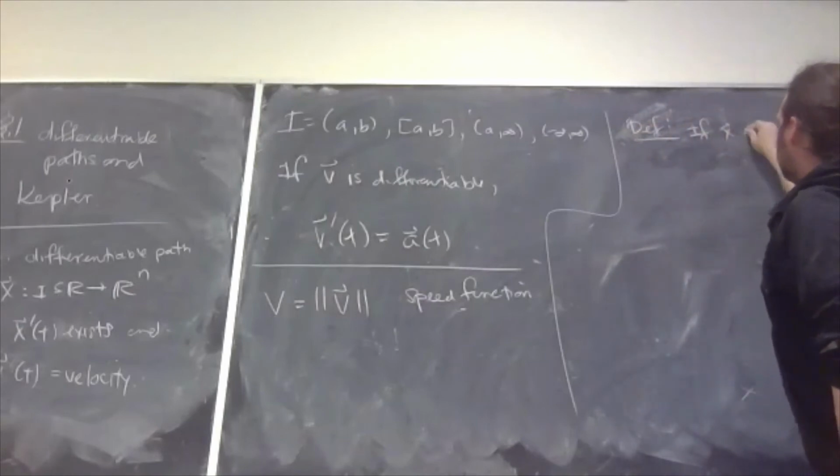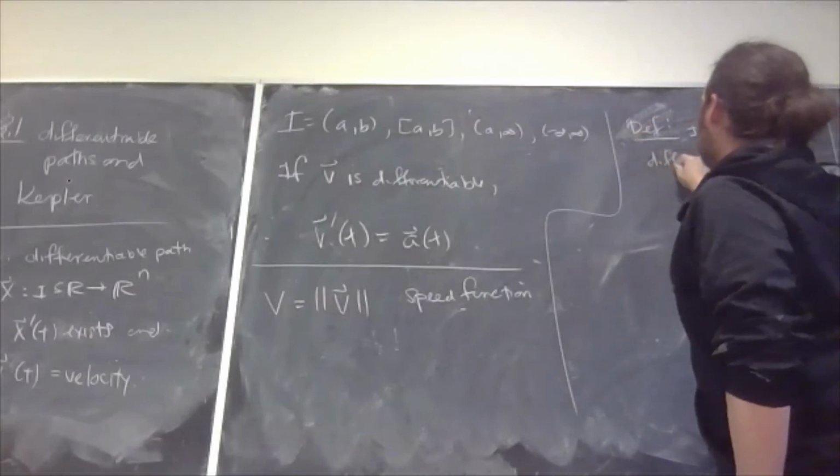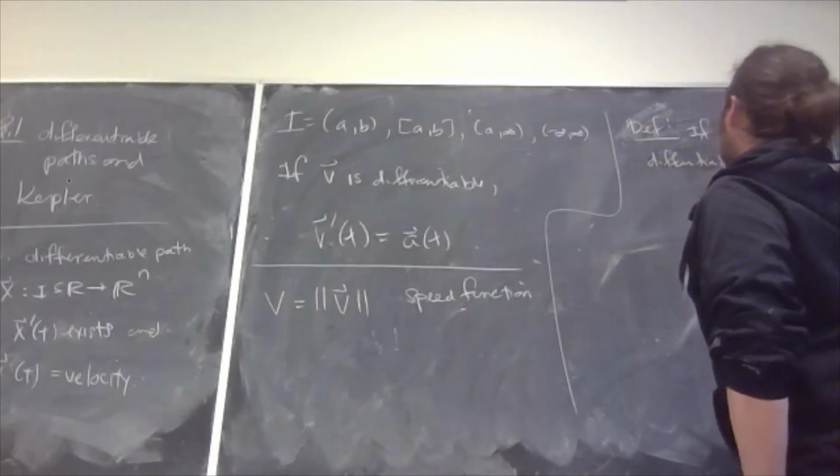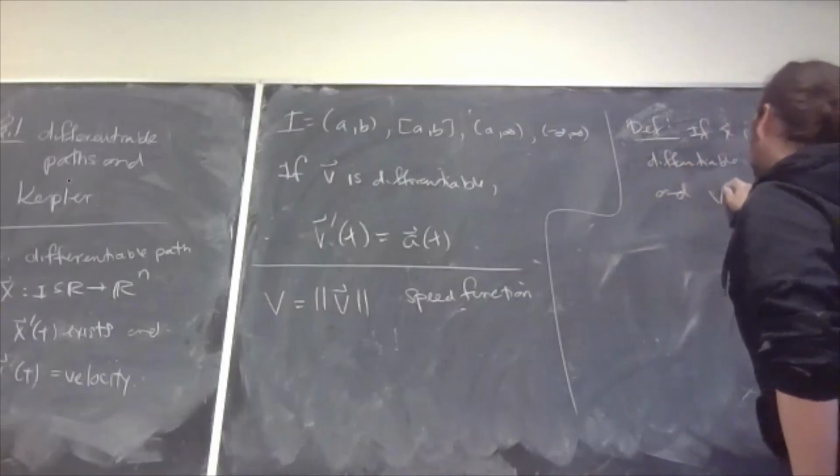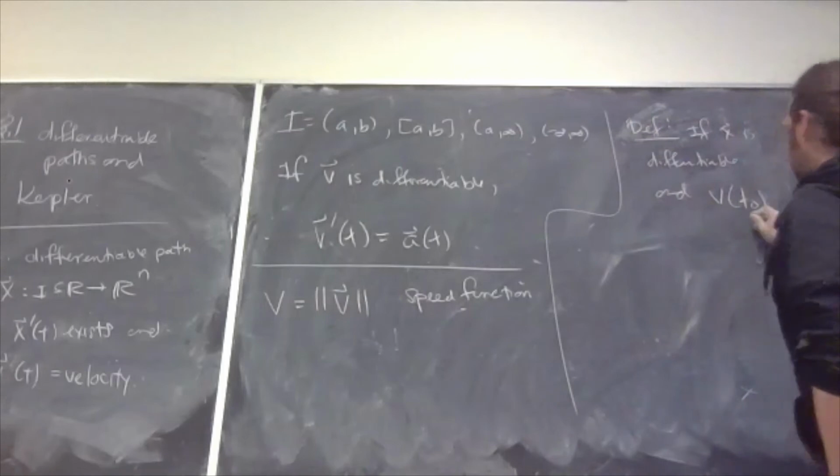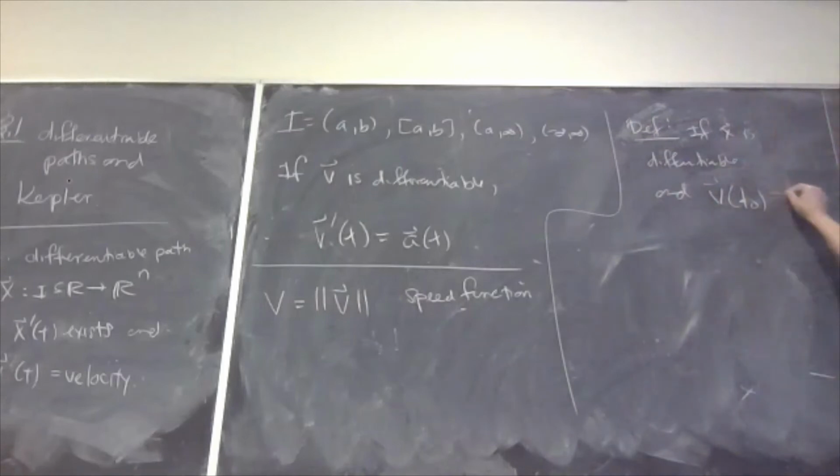If x is differentiable and v of t naught is not equal to the zero vector, all of these mechanics break down when things stop moving. So we're not going to allow velocity to ever be the zero vector.